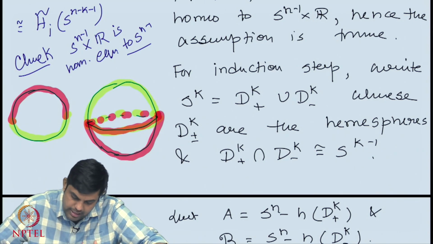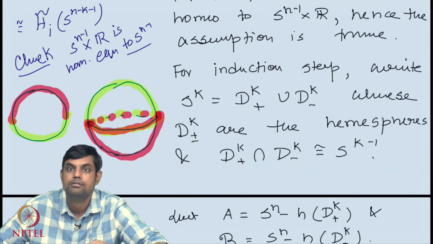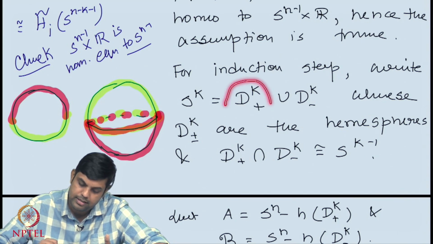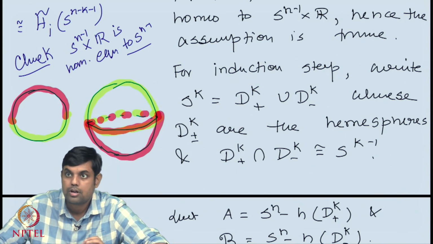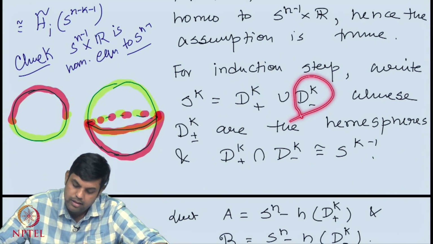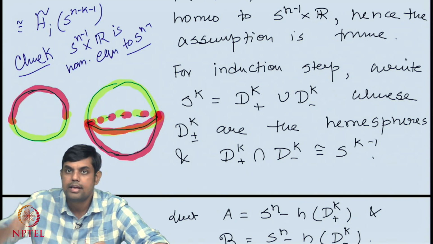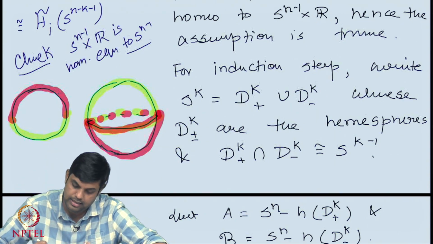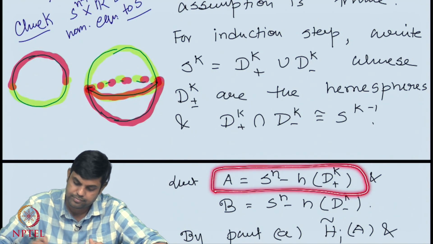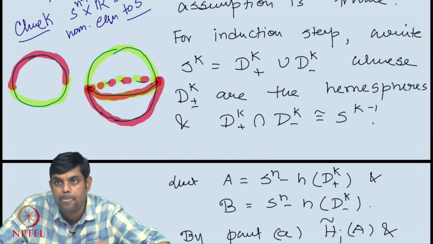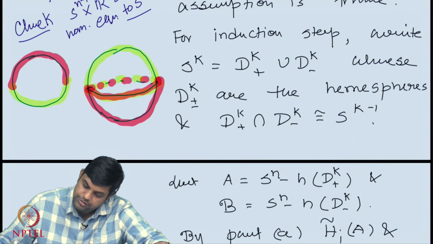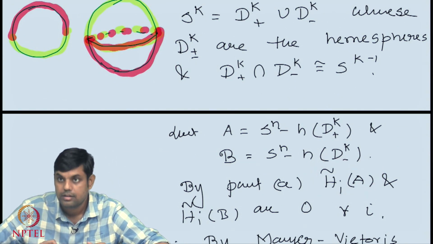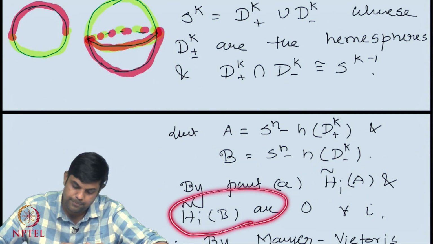Okay. So, then I can take A to be the complement of this disk in Sn and B to be the complement of this disk in Sn, and I can use part 1, part A, where I know that these are acyclic. They are simply acyclic. Okay. So, this one has all trivial, this one has all trivial.